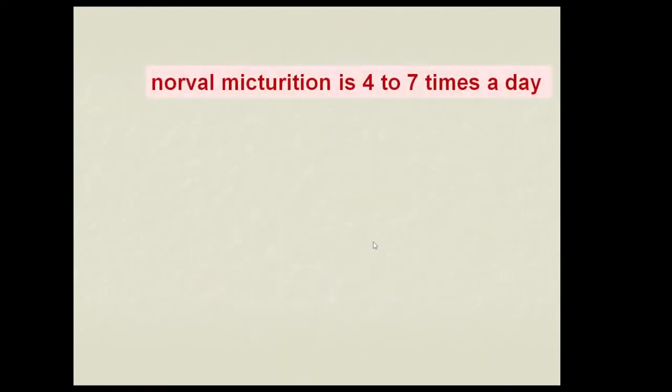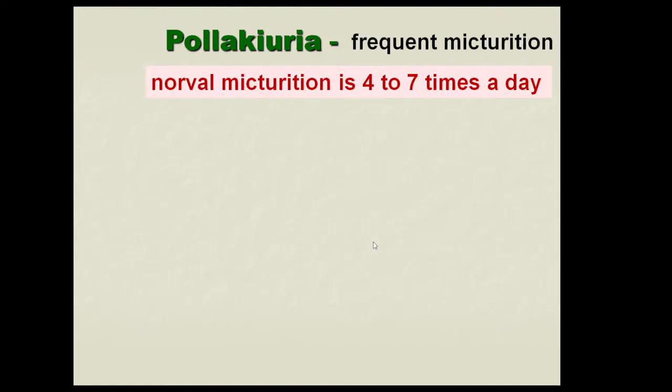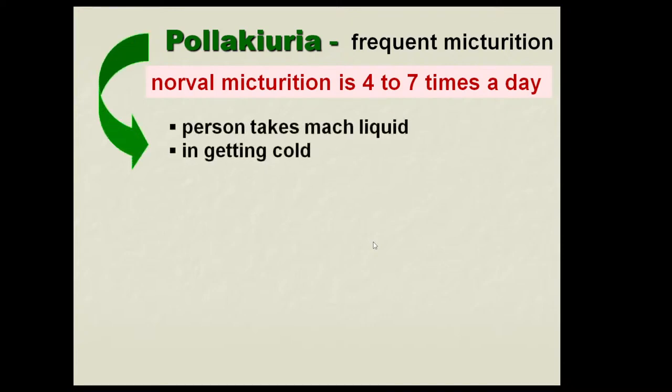Other problem with urination, it's time. Normally, we urinate from 4 to 7 times per day, depending on water regimen. If patient urinates often, we are talking about pollakiuria, more than 7 times per day. Pollakiuria may be characteristic for the patient who intakes much liquid or is getting cold.